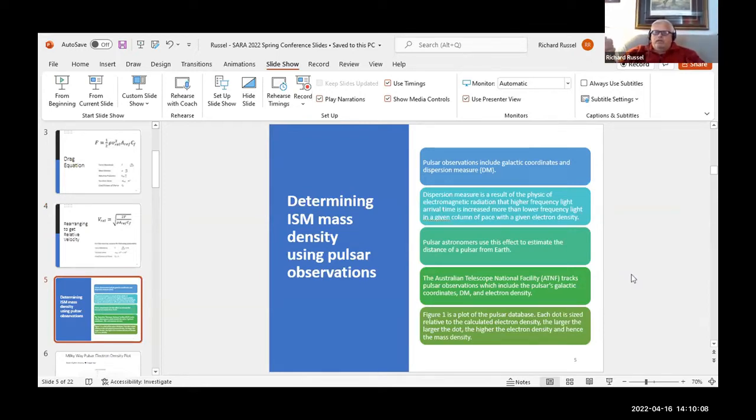The pulsar observations use the ATNF database, the Australian Telescope database, which has all the pulsars in it, and it gives you the galactic coordinates and the dispersion measure they've calculated.